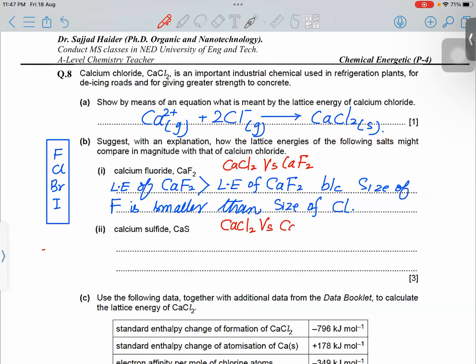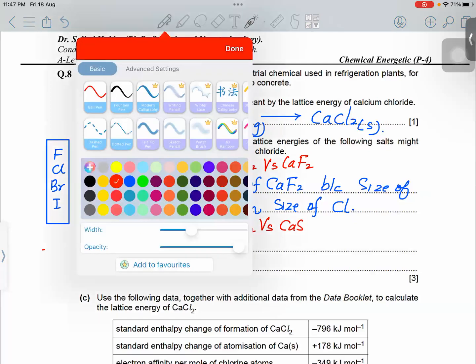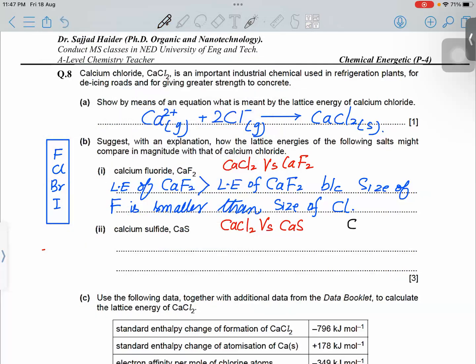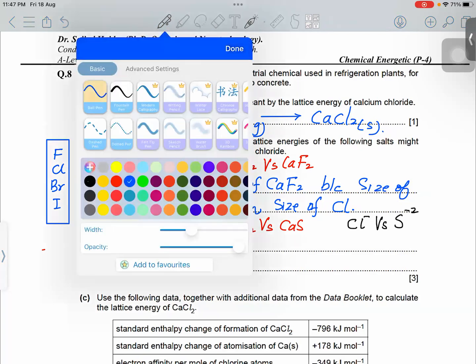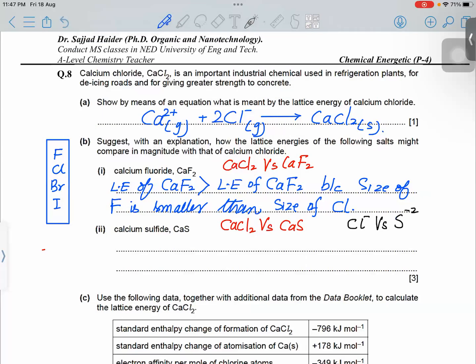Now, what about calcium chloride and calcium sulfide? Charges are not cancelled out. Here we have -1, and sulfur has -2. So calcium sulfide will have the higher lattice energy because the charge is greater on the sulfide. Very good.